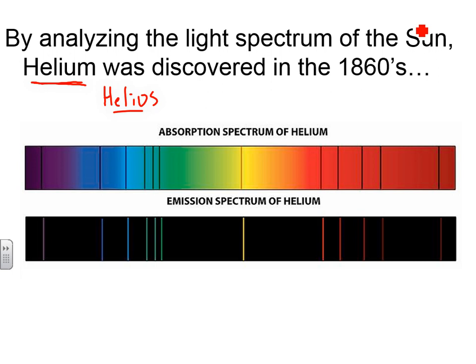And the way they did it is they essentially studied the sun's spectrum, and they found a signature of an element that they did not recognize, and they theorized that there must be an element on the sun that is not on the Earth. Eventually they found it on the Earth. There's plenty of helium here on Earth, but it was first discovered on the sun.